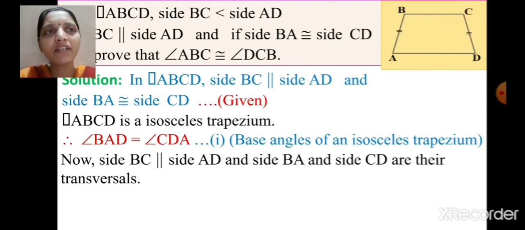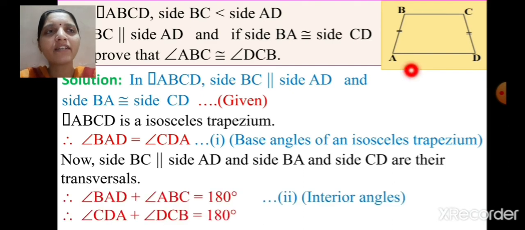So if BA is the transversal, then we can write here angle BAD plus angle ABC is equal to 180 degrees because these two are interior angles. Similarly, if you consider CD as the transversal, then angle CDA plus angle DCB is equal to 180 degrees. Reason you will write as interior angles and write this equation as equation 2.